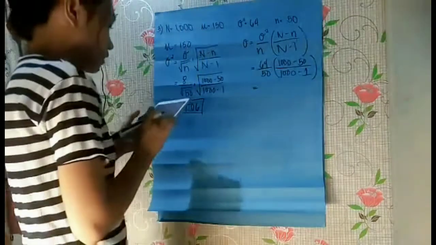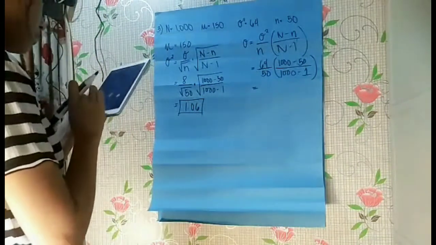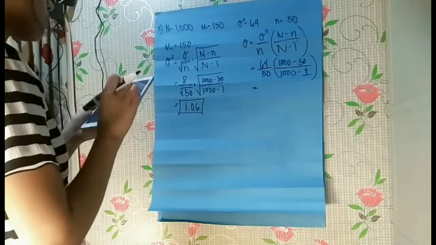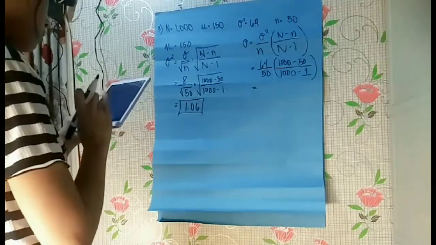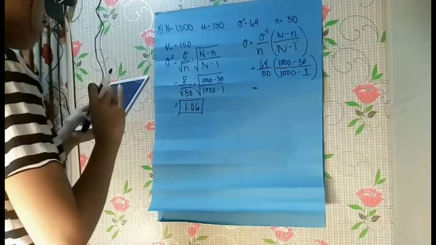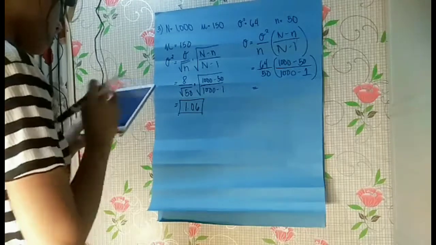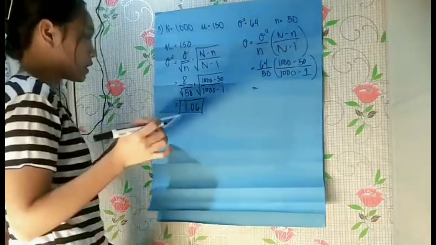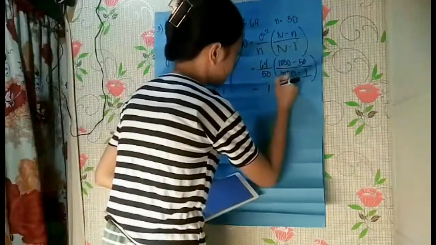Let's get our calculator to solve for our standard error. Therefore, our standard error is 1.22.